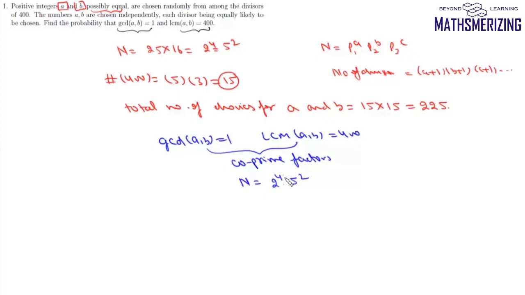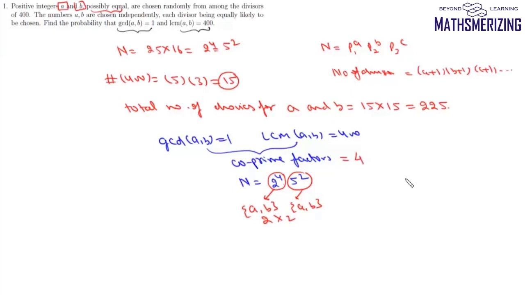For coprime factors, each of these terms, 2 to the power 4 and 5 square, must go to either a or b. So for 2 to the power 4 we have two choices, either it will go to a or it will go to b. In the same way for 5 square, again we have two choices, either a or b. So the total number of coprime factor choices is simply 4.